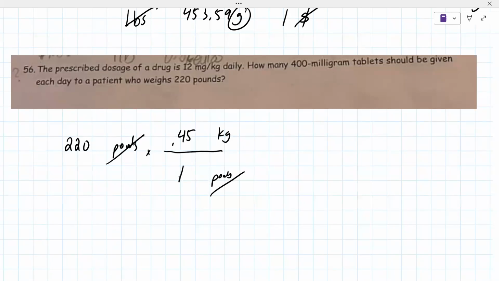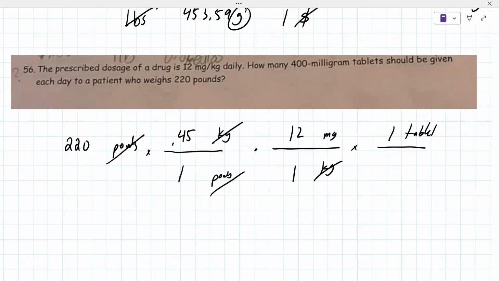So that tells us the weight of the person in kilograms, and the dosage here is milligrams per kilogram. It's 12 milligrams for 1 kilogram. So that'll tell us how many milligrams the person needs. And we know that one tablet is 400 milligrams. So that will tell us how many tablets we need.